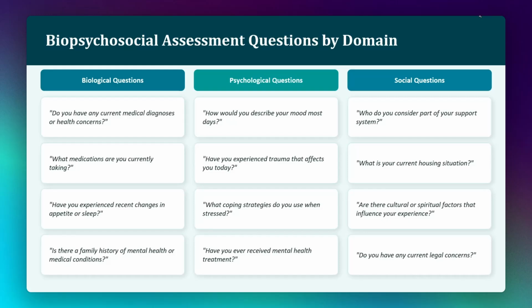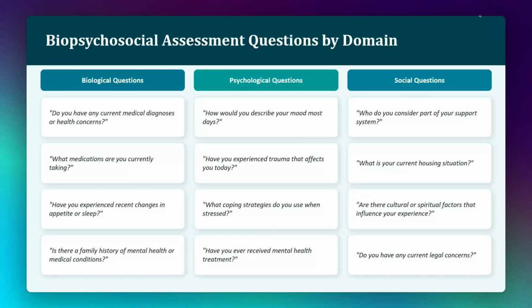And for the social domain, who do you consider as part of your support system? What is your current housing situation? Are there cultural or spiritual factors that influence your experience? And do you have any current legal concerns?